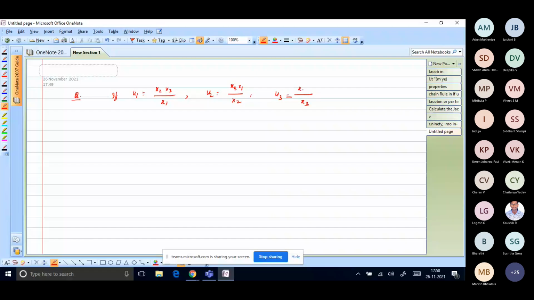Then you have to find the value of the Jacobian of u1 u2 u3 with respect to x1 x2 x3.